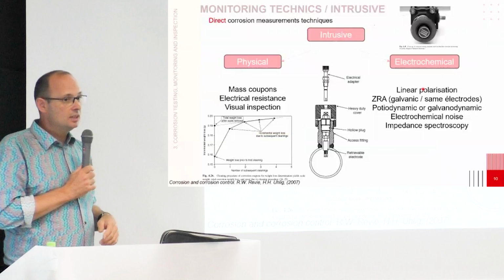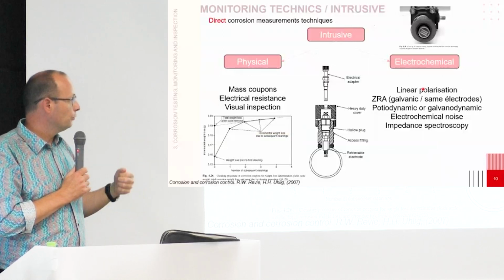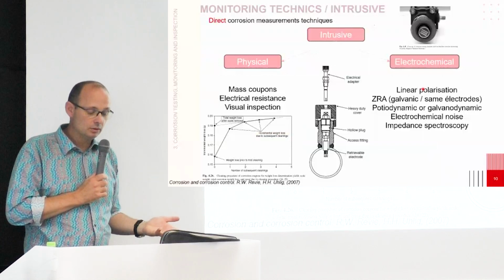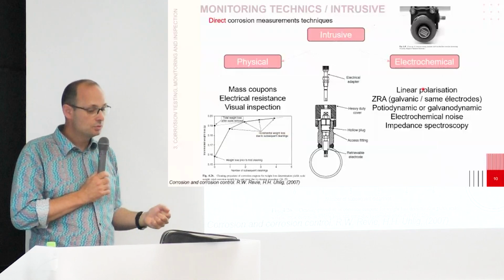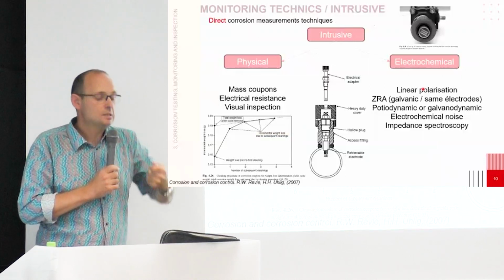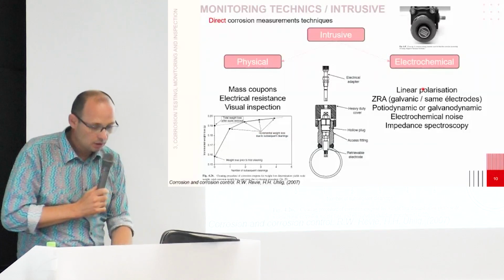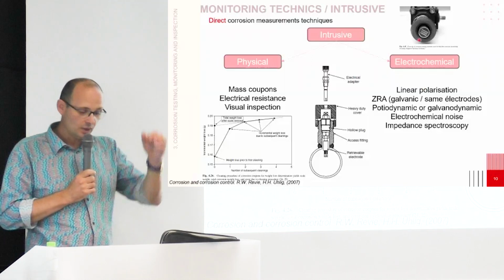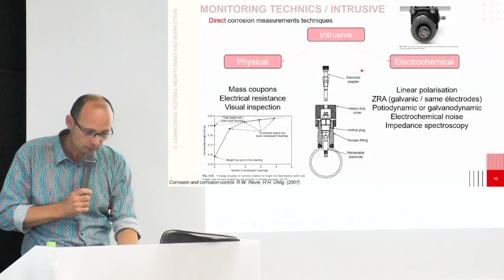A direct method is measuring the corrosion rate with time of a material in an infrastructure. For intrusive, that means that I will insert material in the infrastructure. So here, for example, you have a kind of electrode. It's a small piece of material inside.